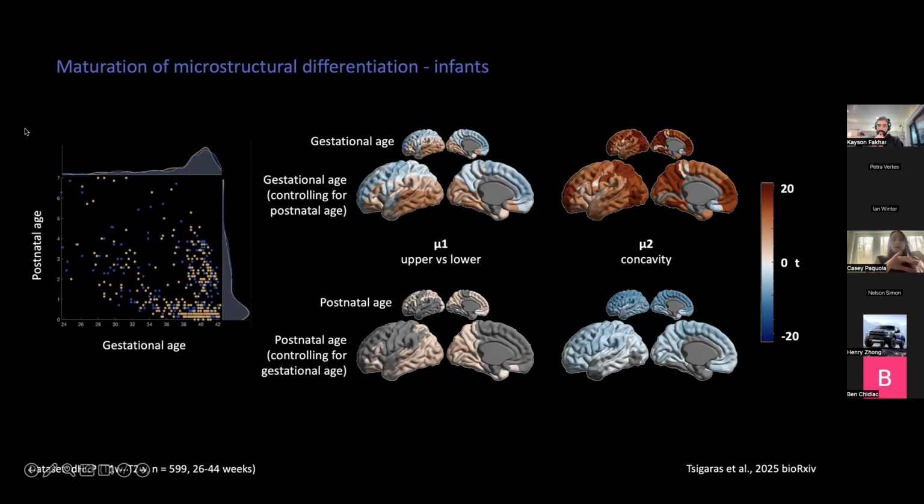So in the top rows, you see the changes in the first and second moments, really varied patterns. I won't get into it too much here, but there were different changes in the profiles across the cortex that withstood correction for the postnatal age. So there's really strong effects of the duration in utero, whereas the effects of postnatal change were smaller, it seemed.